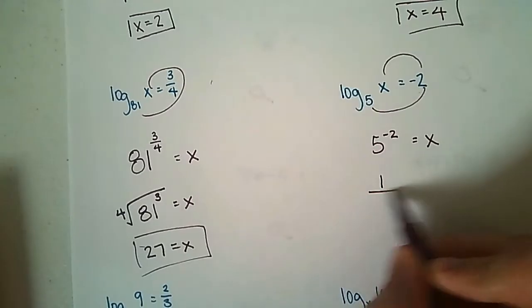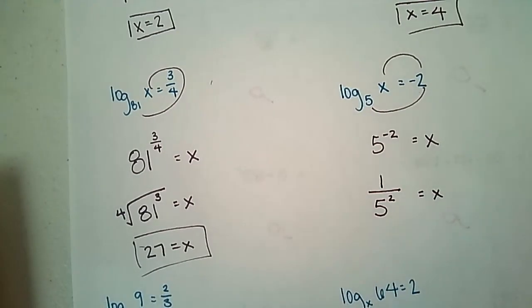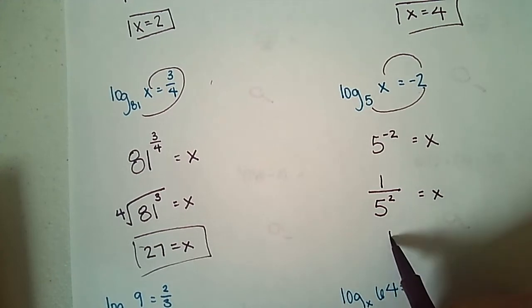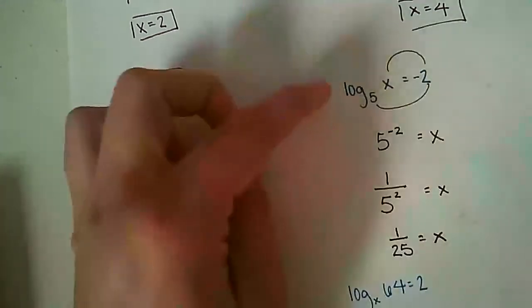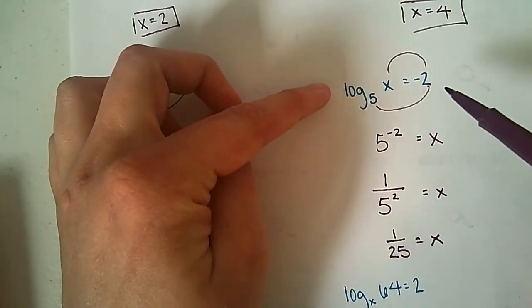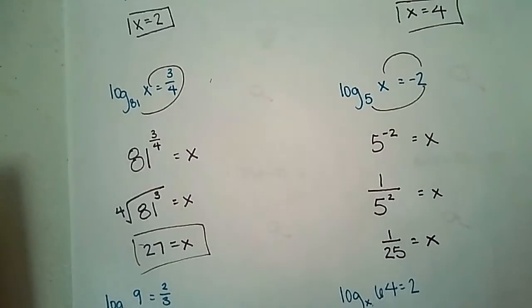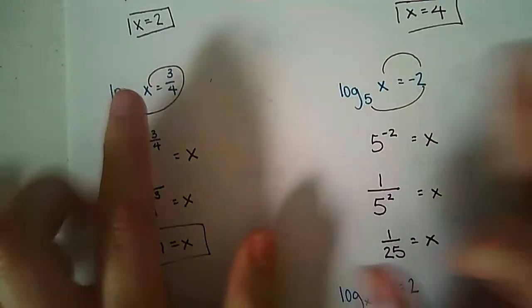So I'm going to flip that first. And 5 squared is going to give us 25. So log base 5 of 1/25 will give us -2. All right, so there's when we're solving for the argument.